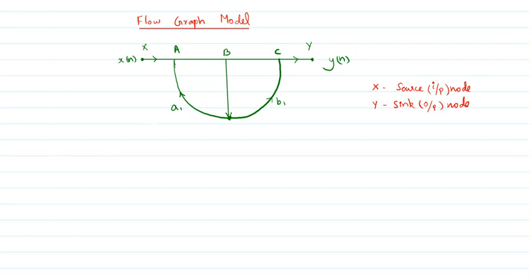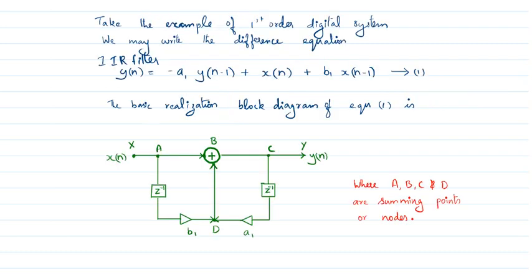Okay. So the first one is important. This type of flow diagram is drawn for realization of different types of filters. So now we will discuss more about the realization of IIR filters.